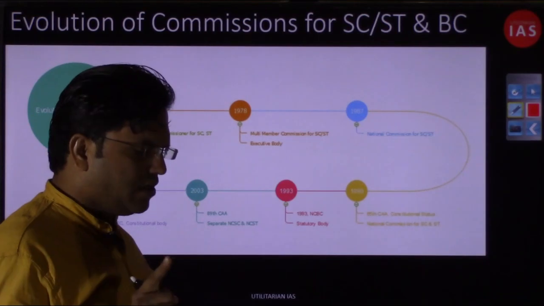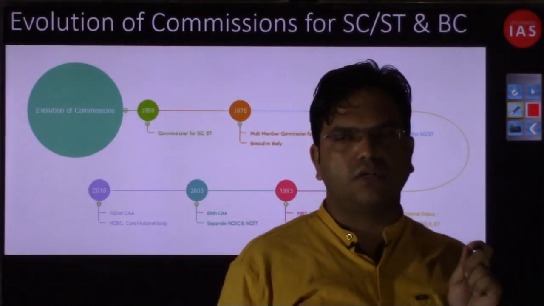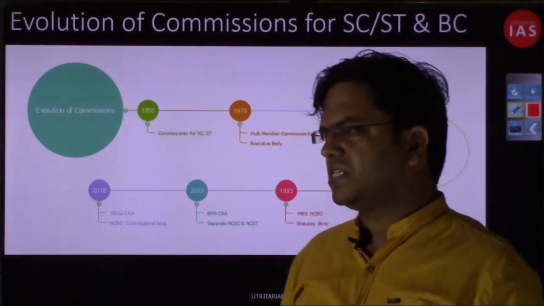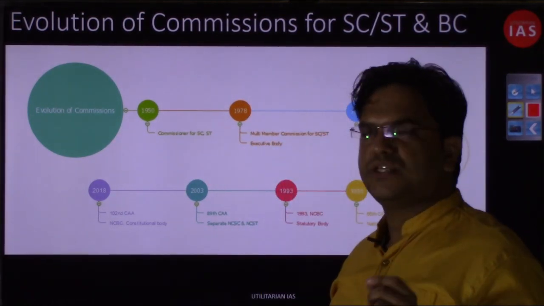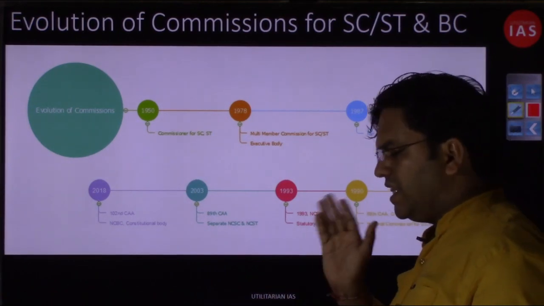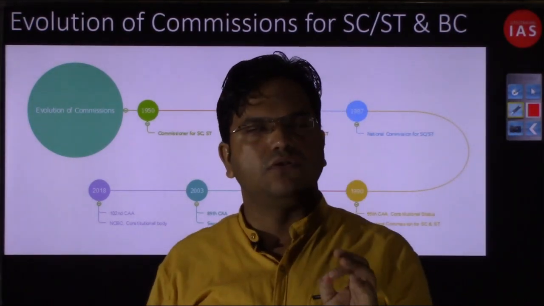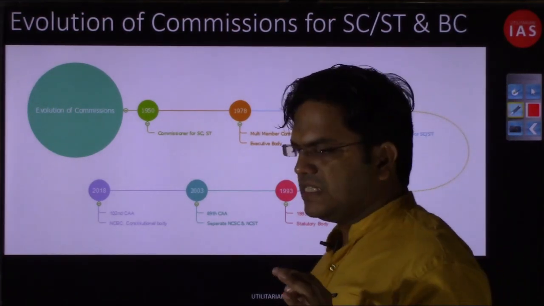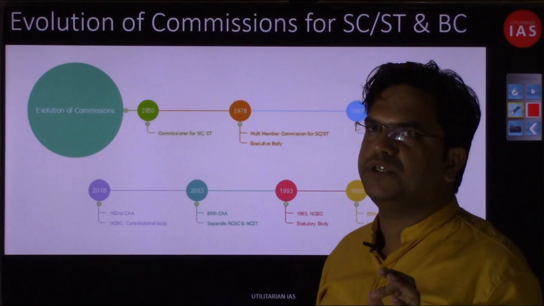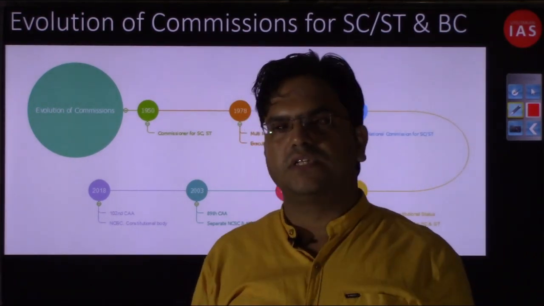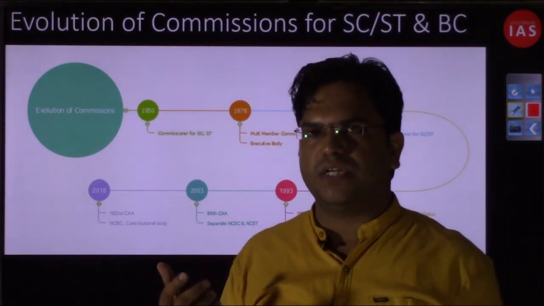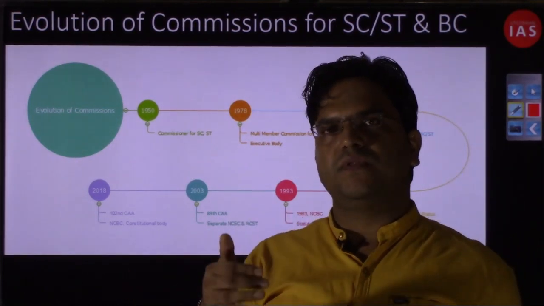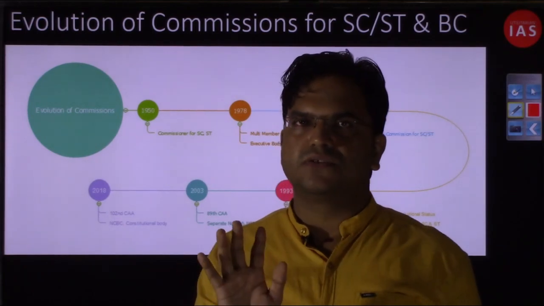In 1993, against the backdrop of the Mandal Commission and the famous Indira Sawhney case that you would have read under Article 16 when we were discussing the concept of reservation, the Supreme Court observed that for the inclusion and exclusion of various castes into the backward classes, there should be a body to decide which class should be included and which should be excluded.